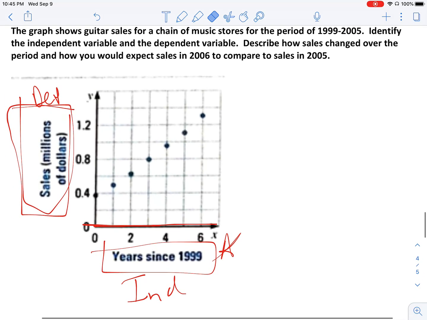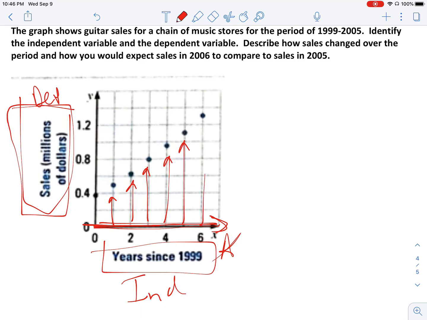Okay, so the second part is to describe how the sales change over the period and how you'd expect the sales to compare in '06 to '05. Well, I think we would all agree, and this kind of goes back to your ability to read a graph, right? As the time element goes on, your y values are increasing. That tells me that the function is positive, it's going up.